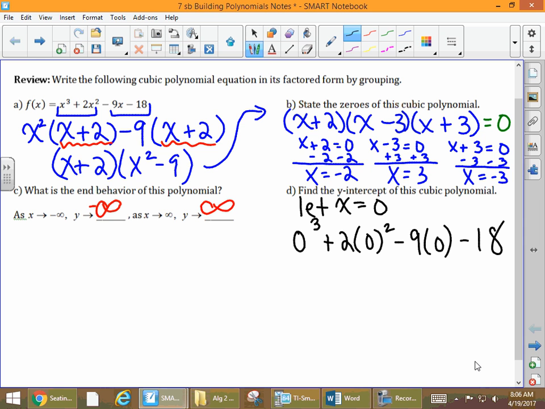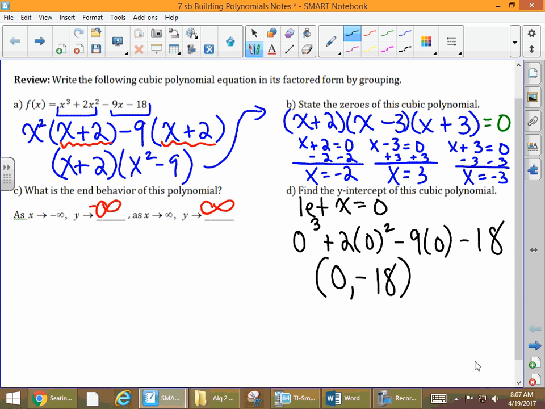What's 2 times 0 squared? 0. What's 9 times 0? 0. What's our y-intercept? Just the negative 18. The first three terms cancel out. So negative 18 is our y-intercept. If we want to get really technical, it's (0, negative 18). That's our y-intercept.